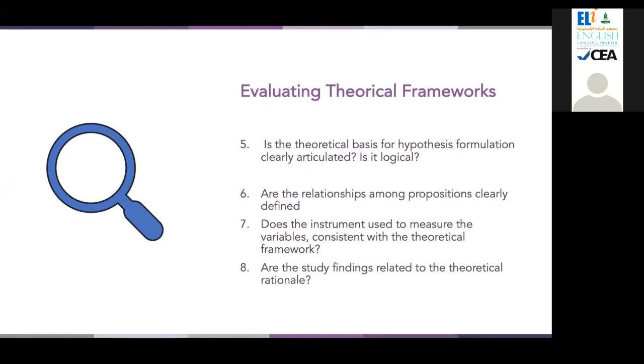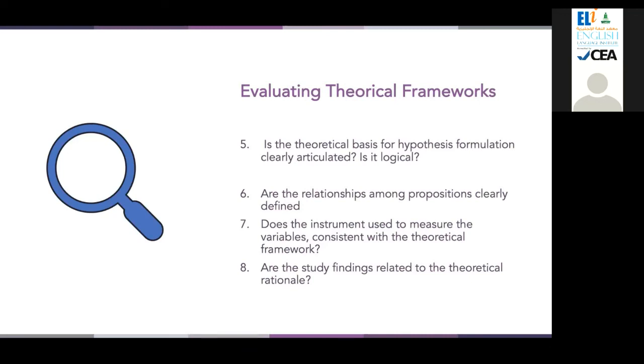So if I say, for example, the increased amount of sunlight will affect the rate of growth, is this relationship clearly identified and clearly defined among variables? Is the instrument used to measure the variables consistent with the theoretical framework? For example, if you say that I'm going to use a natural approach to teaching, then you cannot use official testing and official exams, because this will go against your theoretical framework selection.